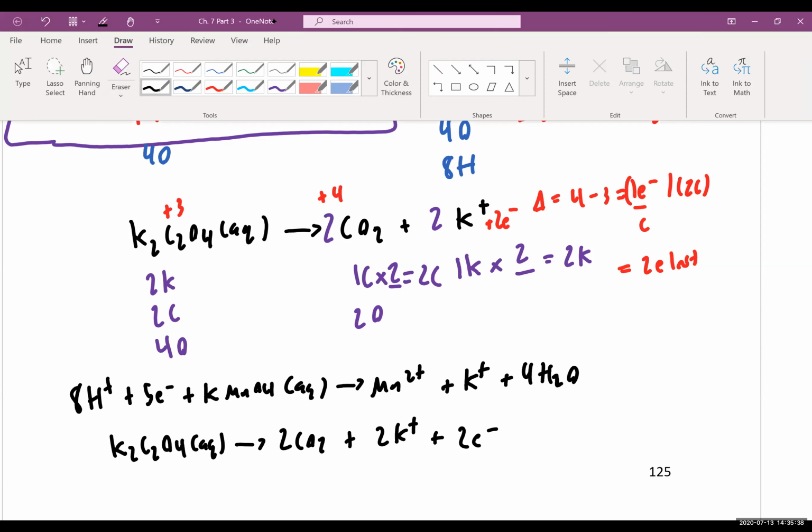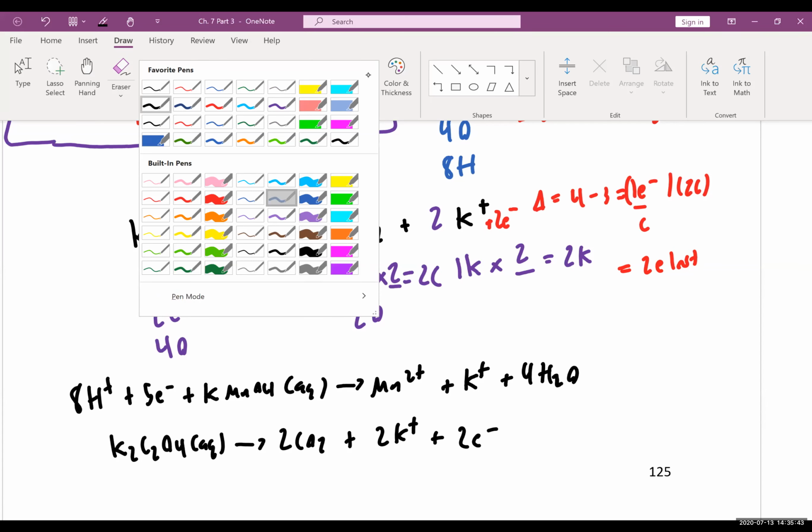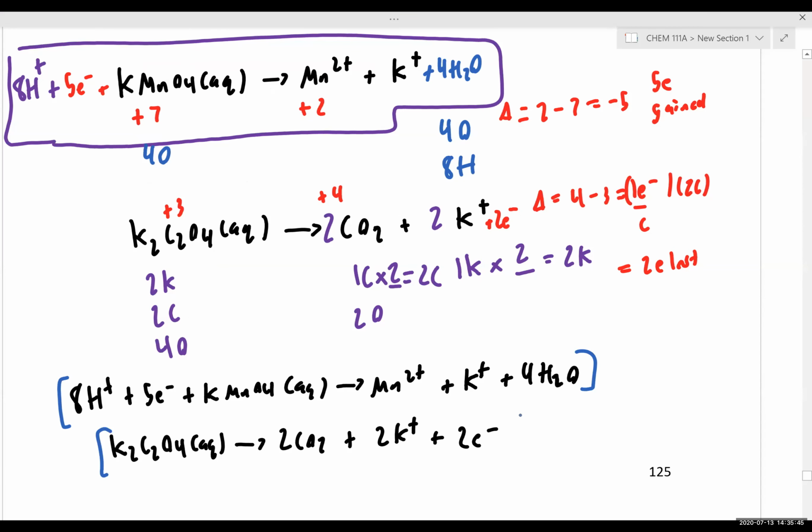And now my question to all of you is, what is the smallest common multiple? What do I need to multiply each of my equations by in order to balance my electrons?